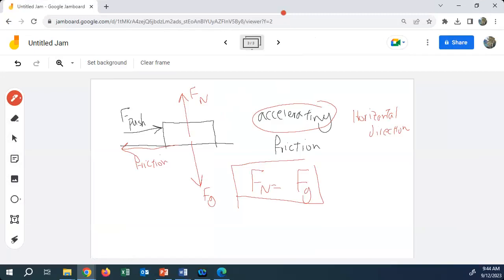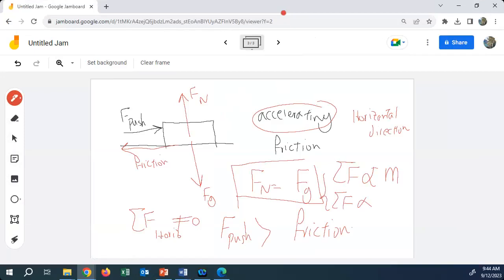It means that the net force in the horizontal is not zero. When it's not zero, it means that F push is bigger than friction, and it's equal to something. We just say that sigma F is directly related to the mass of the system, and sigma F is directly related to the acceleration.